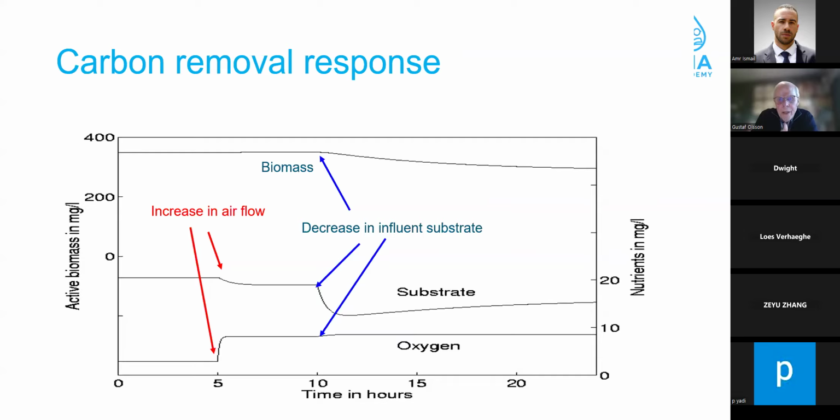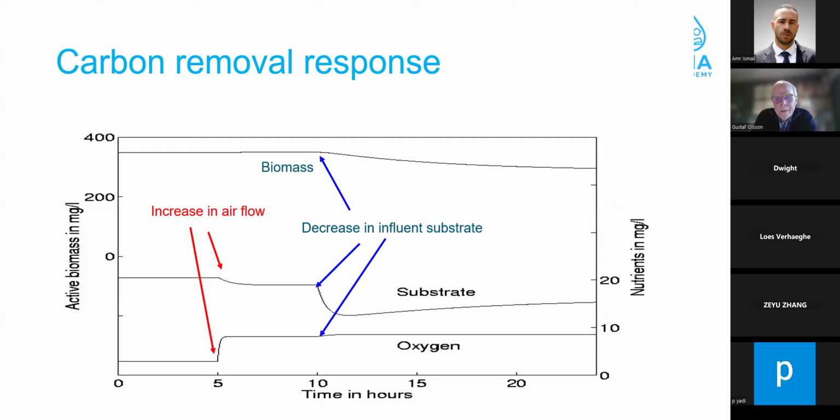And because of the increase in airflow, the activity can increase for the biomass. In other words, the substrate in the middle curve will decrease, but it takes about an hour before the substrate decreases. Well, it's hardly possible to see that on the biomass. There is a slight change in that concentration.